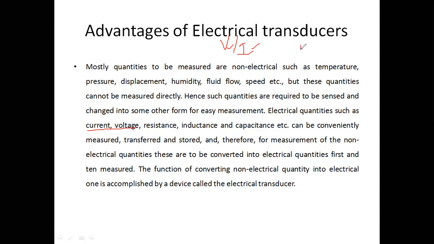So I will convert every parameter into a current signal only. Why? Because it is very easy to handle current rather than voltage. Voltage may drop, but current doesn't drop. There are so many possibilities for me to maintain current easily without dropping, rather than voltage.